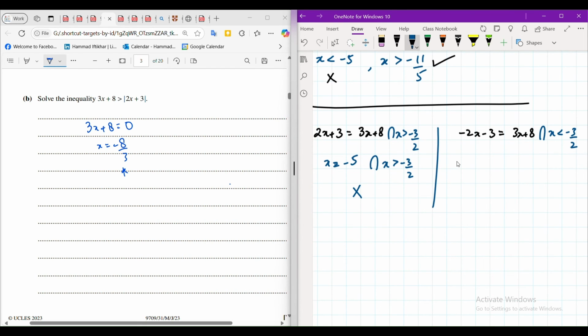If we see this, we will get 5x is equal to minus 8 minus 3, minus 11. That leads to minus 11 over 5. And is that less than negative 3 over 2? Yes, that is less than negative 3 over 2. Okay, so we will only select x is equal to negative 11 over 5.